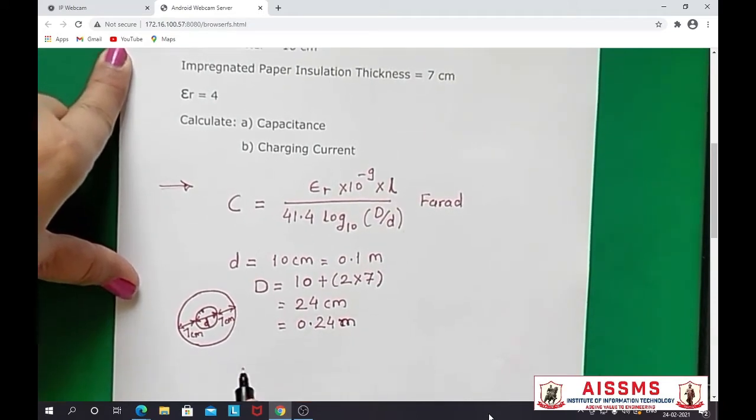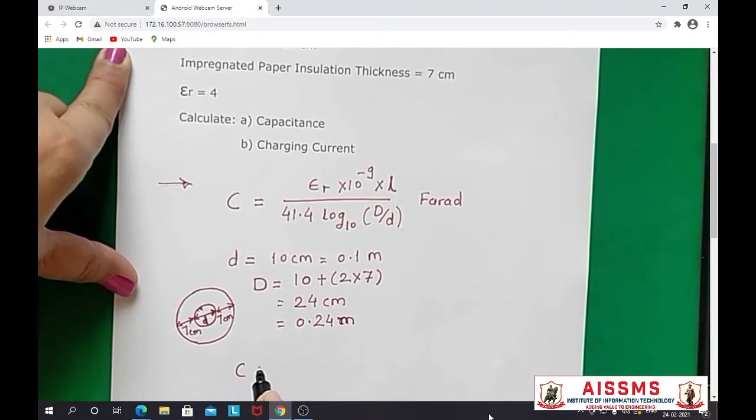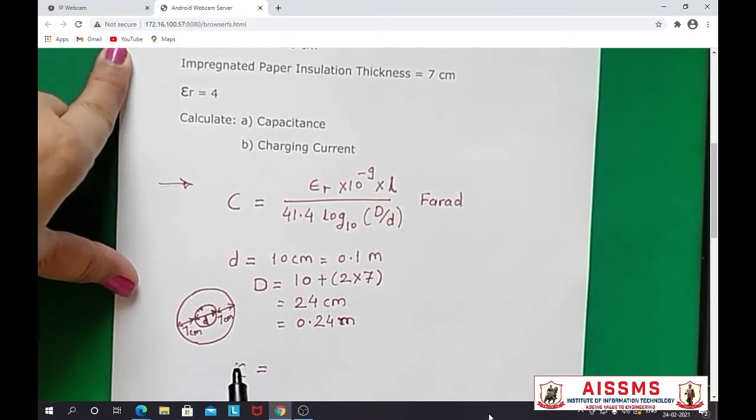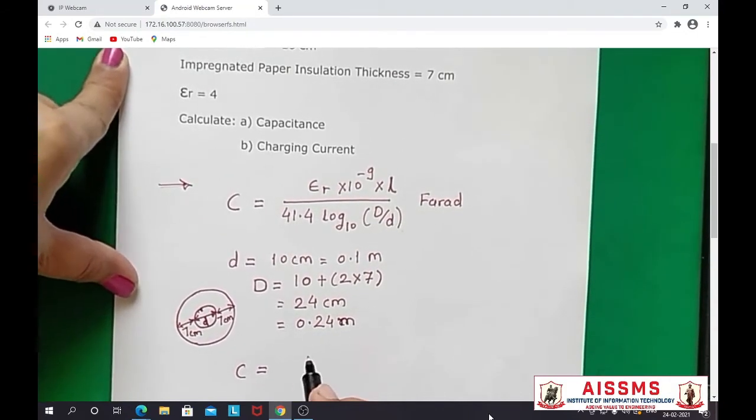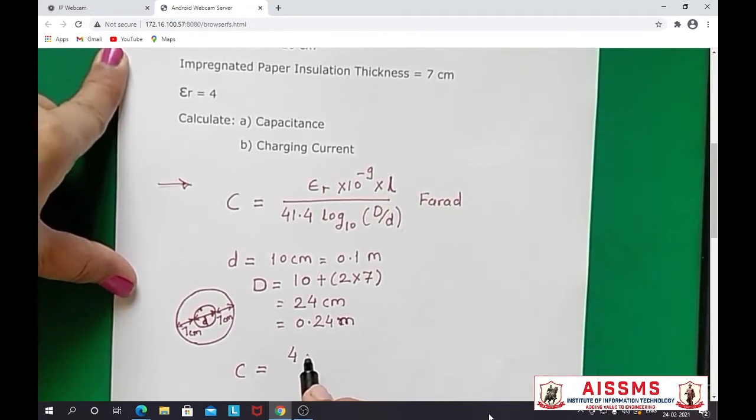Now we can find capacitance C as epsilon r, it is given, so it is 4, into 10 raised to minus 9.